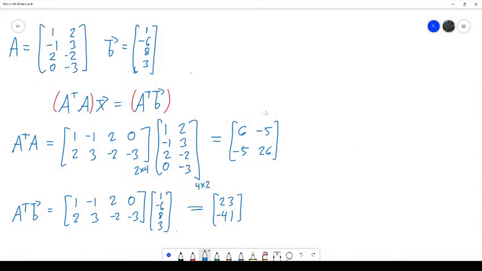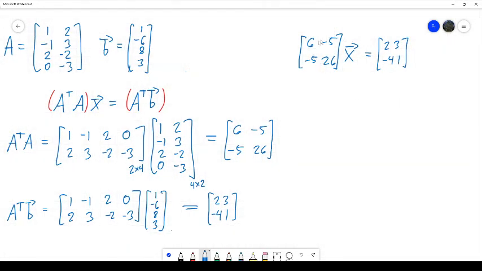So now the system that we're actually trying to solve, now that we've found these matrices, we have the A transpose A matrix times our X variables equals the constant matrix over here. And we're solving this system, and again, this is just like an AX equals B kind of system.